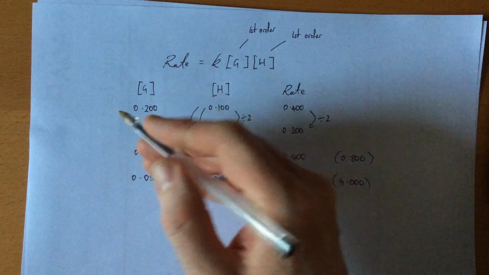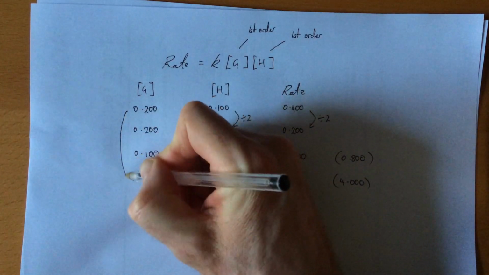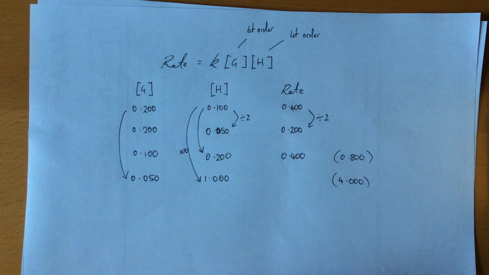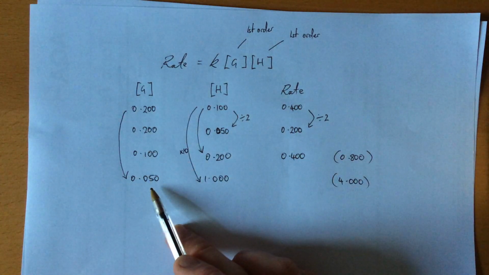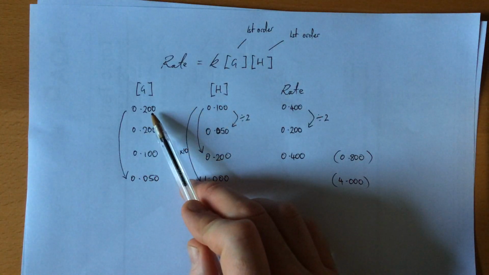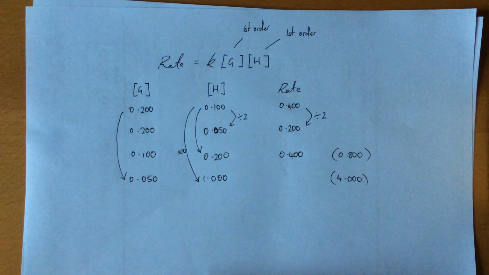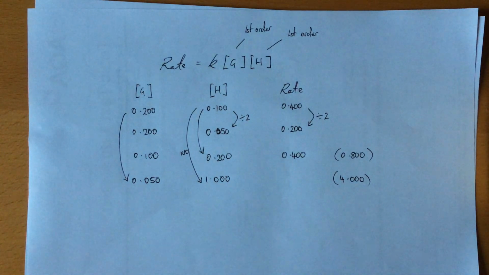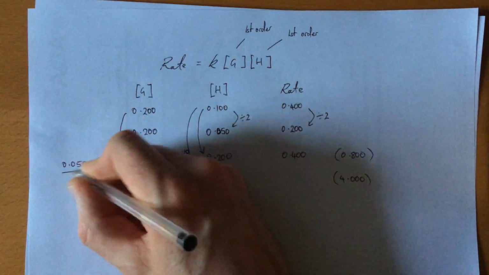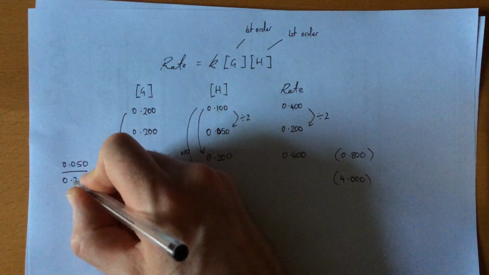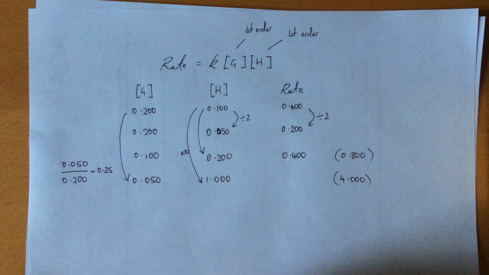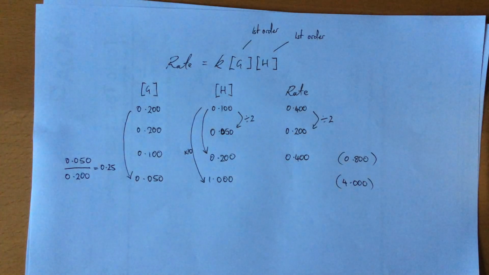But G has gone from 0.2 to 0.05. So that is a quarter of that. Now, if you want to find out what that factor is, we'll just say 0.05 divided by 0.2, and that is 0.25, which is a quarter.